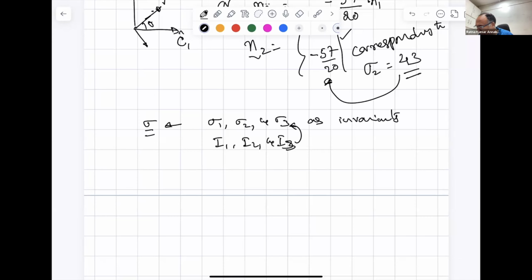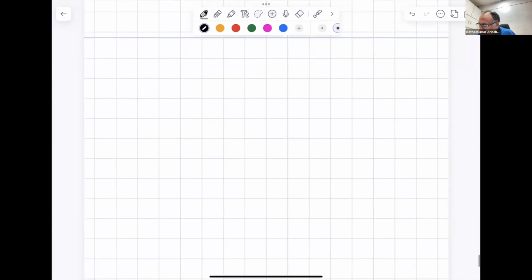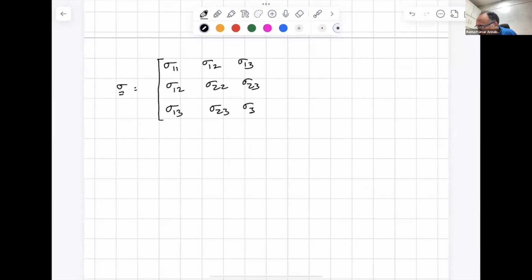So now let us look at this. You have a stress state in some random coordinate system. The stress state is given as sigma 11, sigma 12, sigma 13, sigma 12, sigma 22, sigma 23, sigma 13, sigma 23, sigma 33.